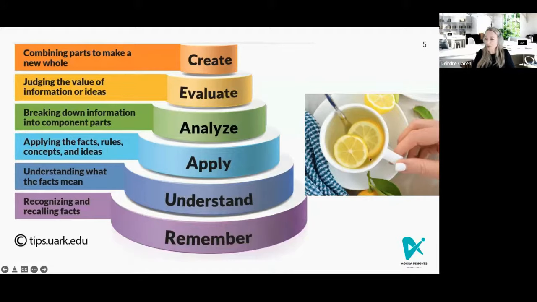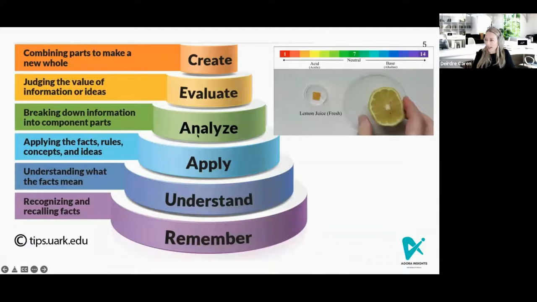So we know, because it's high in vitamin C, that when you're not feeling well, we can put it in hot water and use it as, I suppose, a healing type of thing. So you'd understand that this lemon has some features that you could use for certain things.